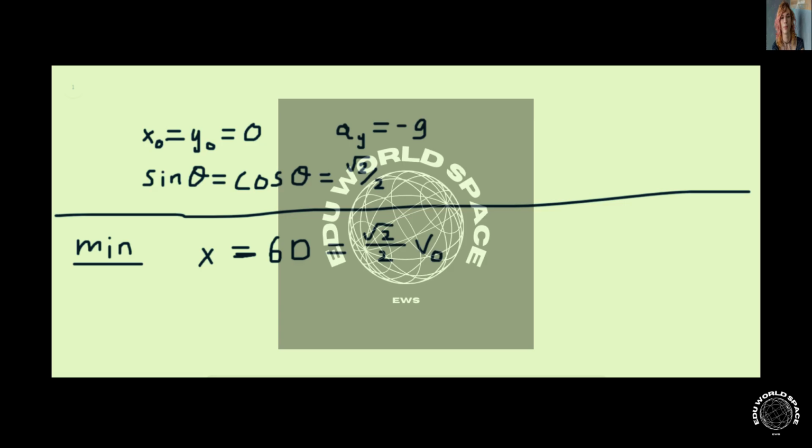So that's v naught times root 2 over 2, and then, of course, multiplied by the time. Therefore, the time is equal to 6d times root 2 divided by v naught.